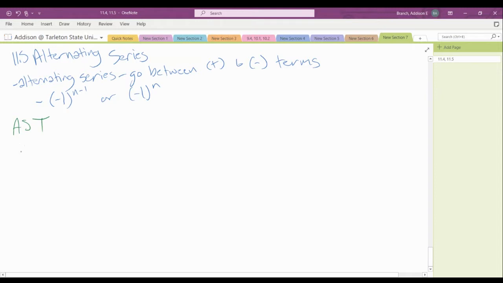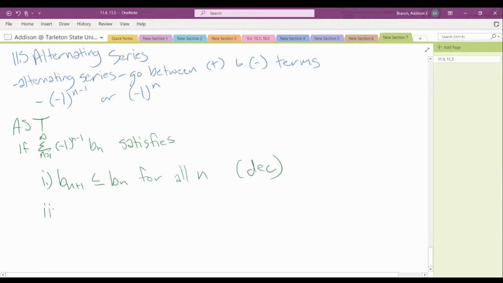It states if we have an alternating series and it satisfies these two criteria, the first being that b sub n plus 1 is less than b sub n for all n, or in better terms, if the absolute value shows that it's decreasing, and that our limit as n approaches infinity of b sub n, or in better words, our absolute value, is equal to 0, then the series is convergent.